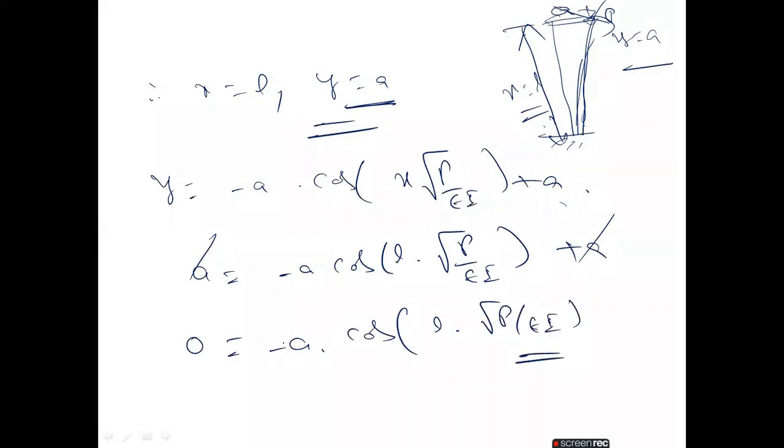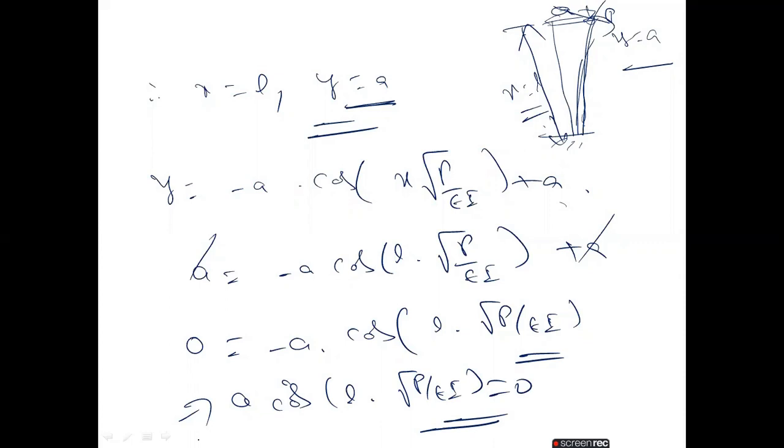If I send this to the other side, a into cos L into square root of P by EI equal to 0. Here a cannot be equal to 0, so cos of L into square root of P by EI equal to 0.